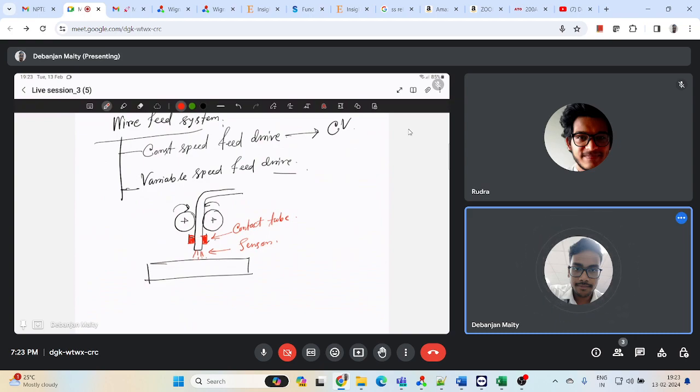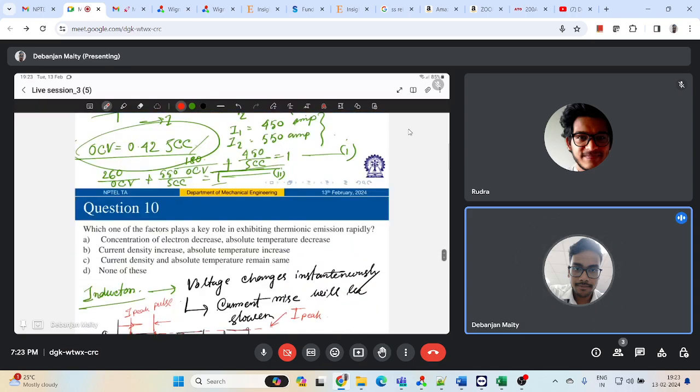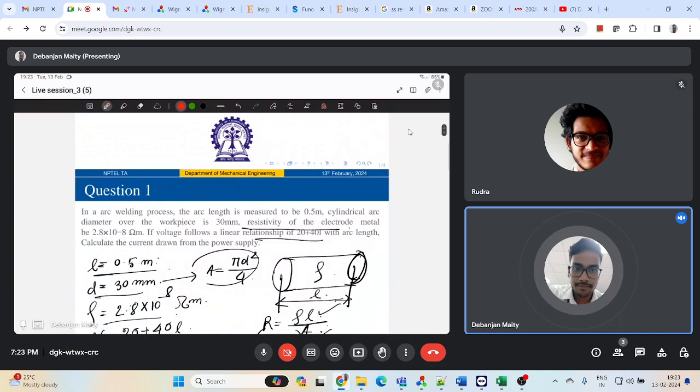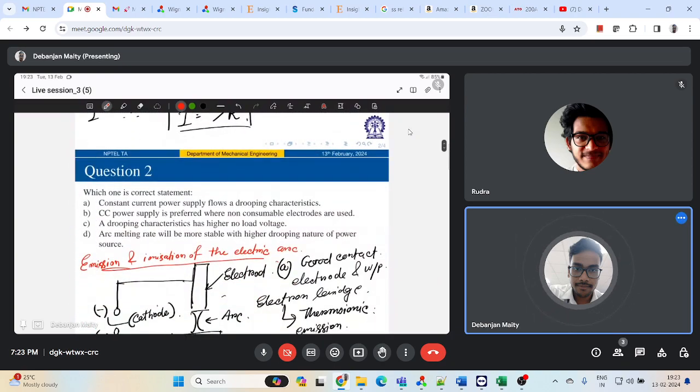And those variable speed motors are regulated with the help of a sensor, where we just take the input from those fluctuations in your welding arc gap, and provide the necessary information to my feedback system to change my voltage and arc in such a way that my arc length will get stabilized. Correct? So now let us move to this MCQ part.